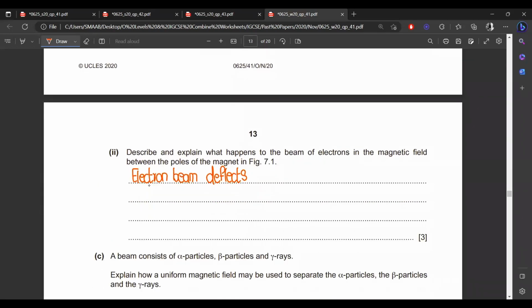So the second part is deflection into the page, and we find out by using left hand rule.